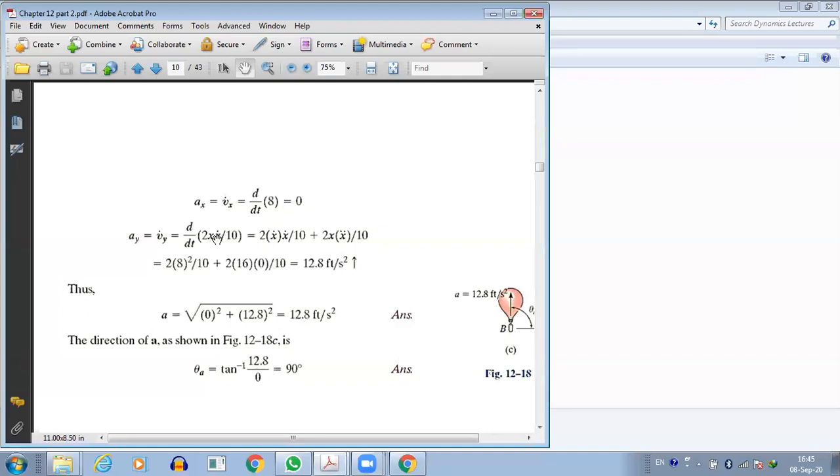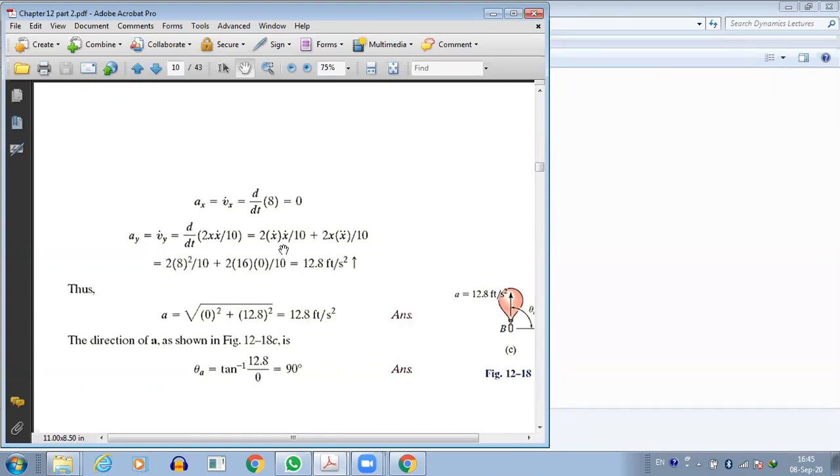And now ay will be what? Now we have to differentiate vy again with respect to time. So now we have 2x x dot by 10. So x dot, I don't know what kind of property we have here, we call it the product rule maybe. You keep one constant, differentiate the other. Then you keep the other constant, differentiate the first.